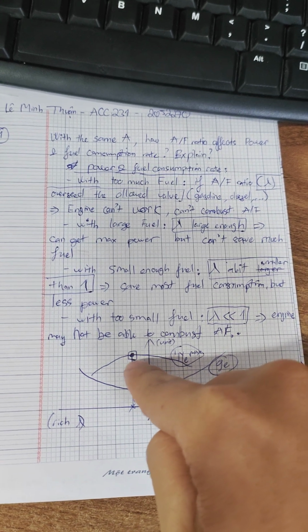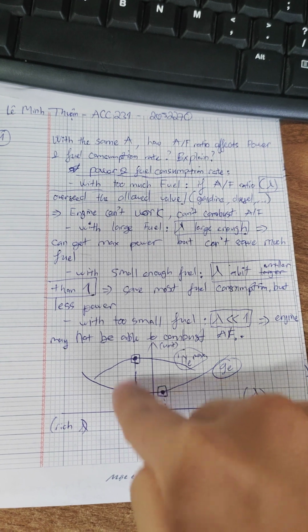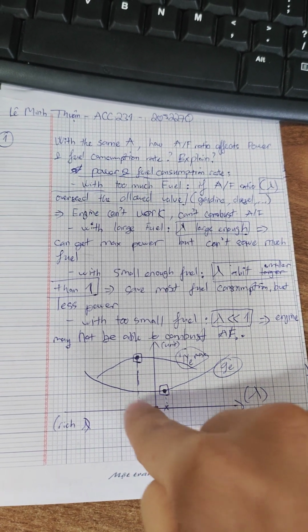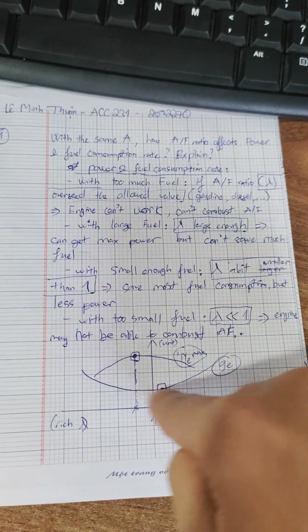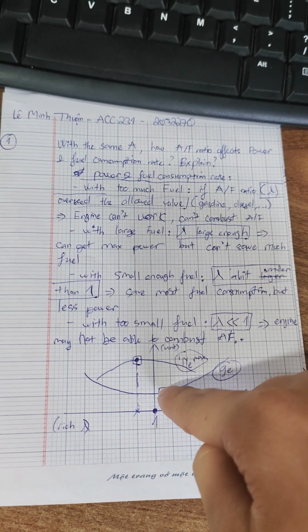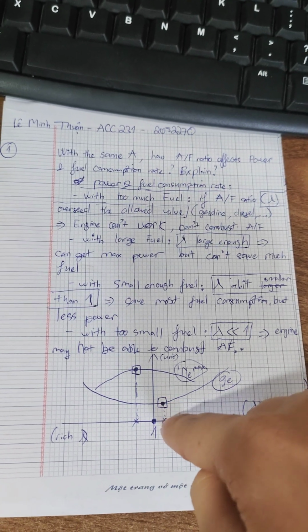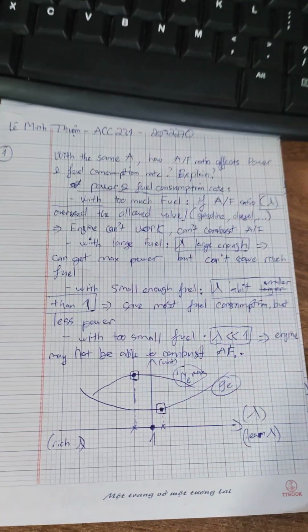Here is the max power point, which correlates with a lambda value of over 1, and this line is for fuel consumption rate, and the least fuel consumption rate point correlates with this point of less than 1.